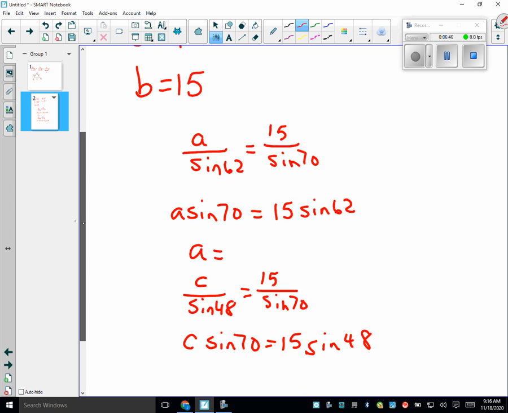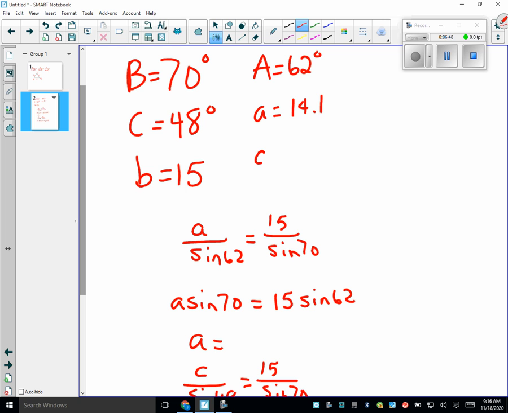What is c? That's not what I got. 11.9. I put the wrong number in. Never mind. Put 18 instead of 15. 11.9. Did everybody get that?